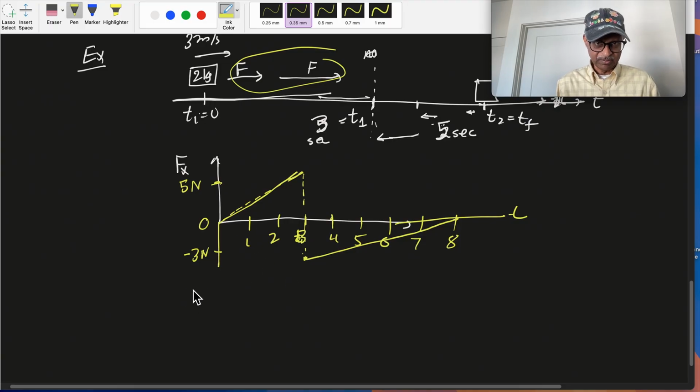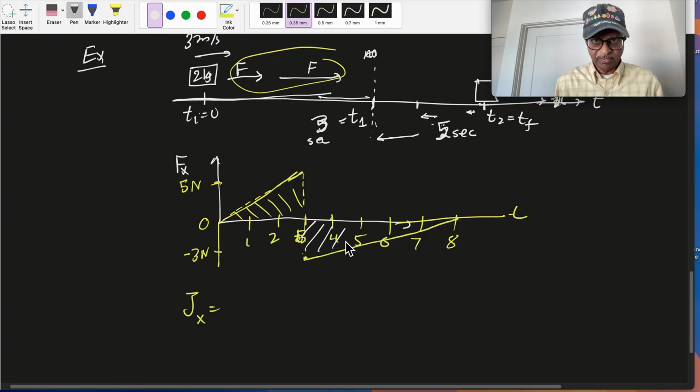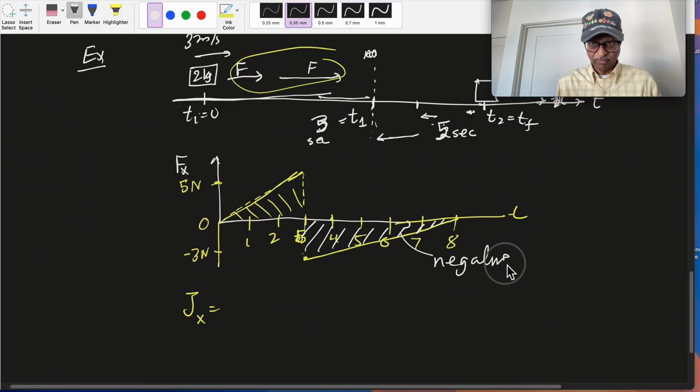So what's the impulse? Well, it will be this area plus this area. Now this is a negative area, because it's below the line 0, and this area will be a positive area.